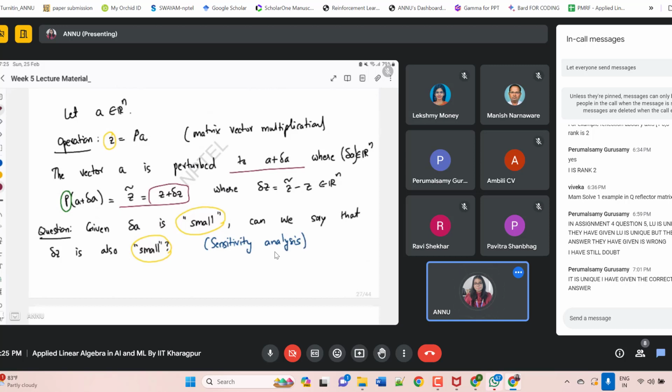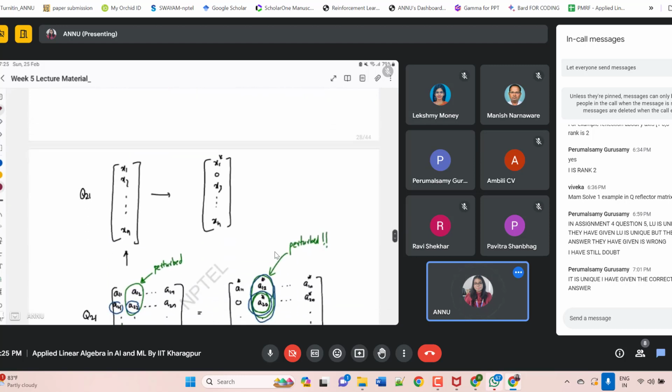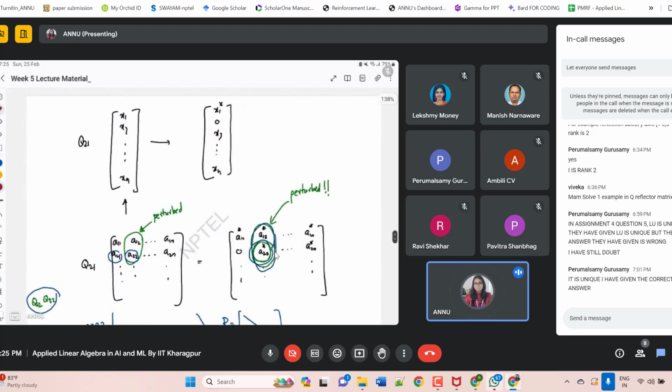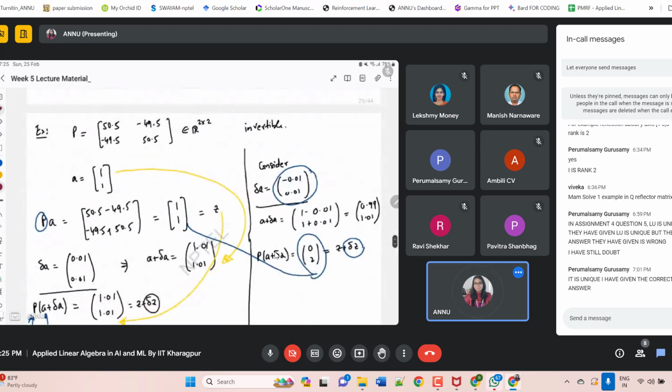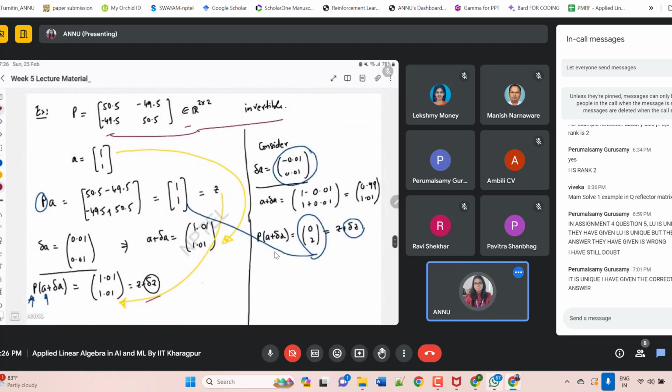A condition number of 1 means that the same quantity perturbed in A or in any vector will be reflected in the matrix-vector multiplication. Everything is perturbed similarly. Now, if P is an invertible matrix, in this case these two things are different.